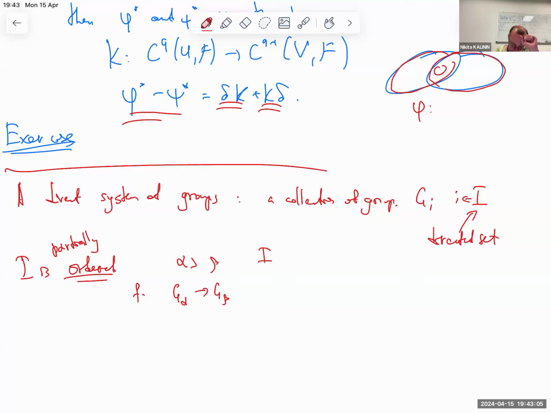Okay, so there should be some maps, maps f alpha beta. And the map f alpha alpha must be identity. And you should be able to compose it. So if you first restrict to beta and then restrict to gamma, it should be the same as if you first restrict to gamma.